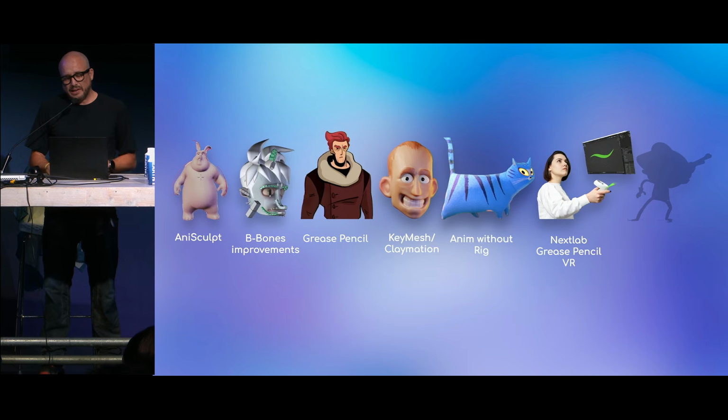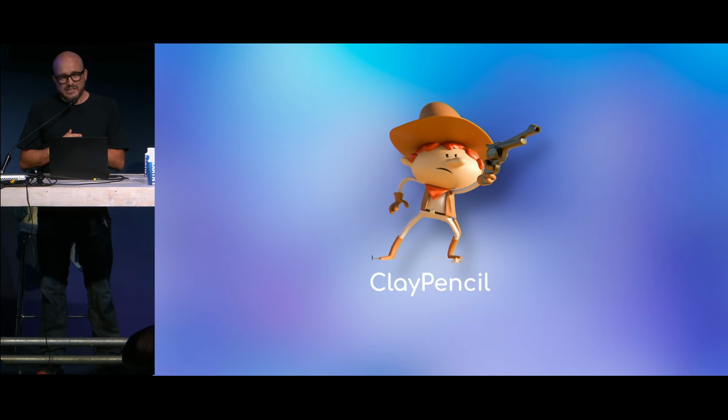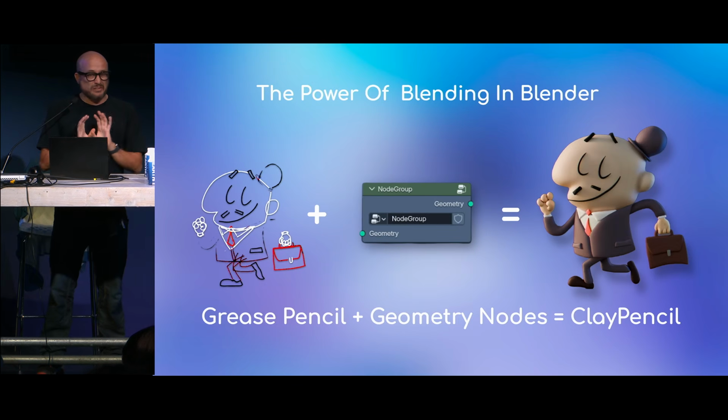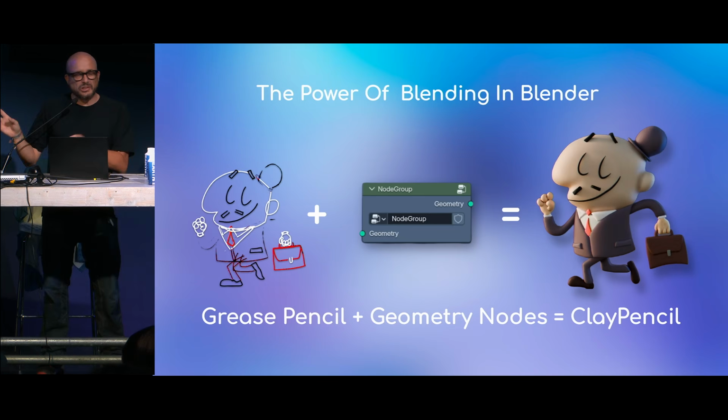And of course the ClayPencil. ClayPencil is another example of the power of blending in Blender, because it is just the default Grease Pencil features with the geometry nodes features.